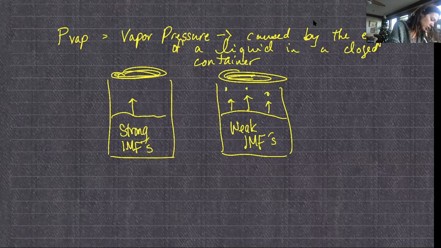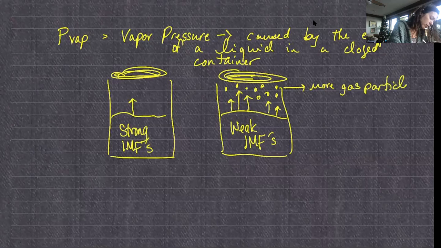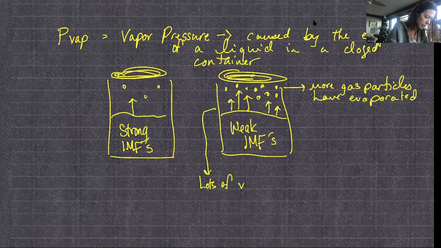So we'll see much more evaporation here, many, many more gas particles have evaporated due to the weak attractions. All right, and over here, we would only see a few particles of vapor. So here we've got lots of vapor, which is just a gas particle, and therefore, we have a high vapor pressure.